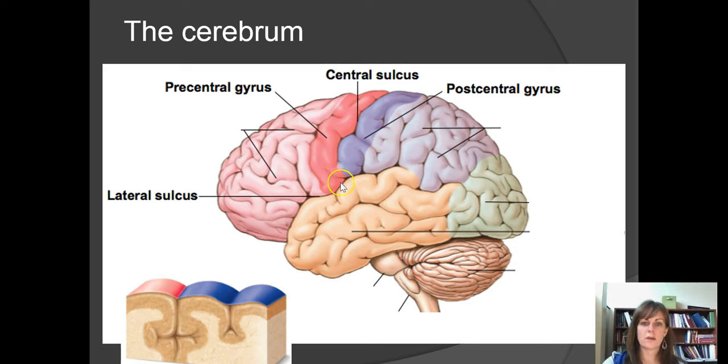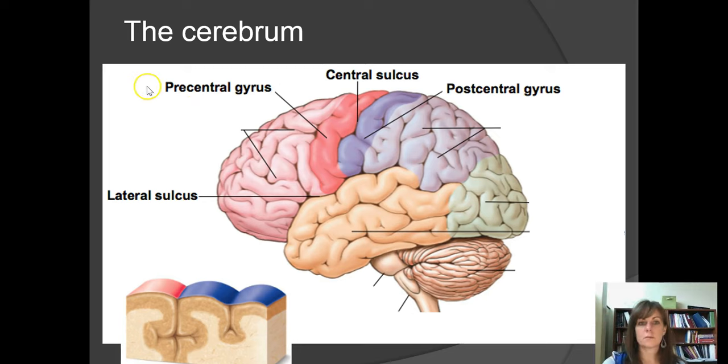It goes all the way from the right hemisphere across to the left, and in front of the central sulcus, you're going to have a bump. The bump on the anterior side, pre meaning before, central sulcus. So you can think it's before you get to that sulcus.